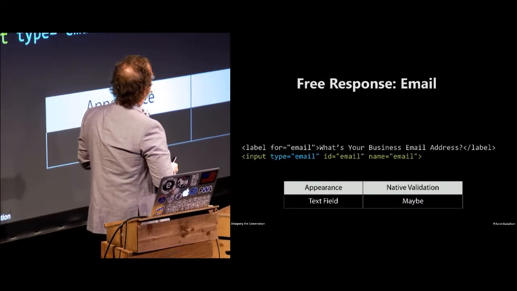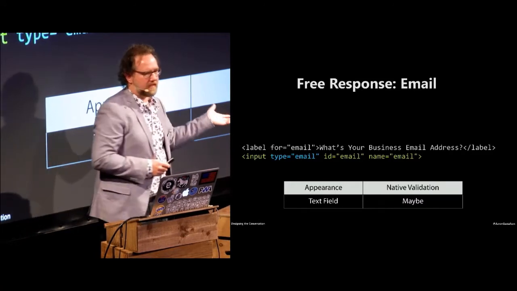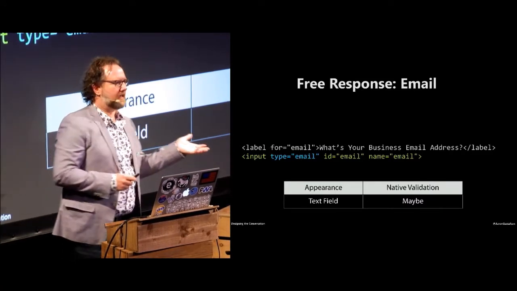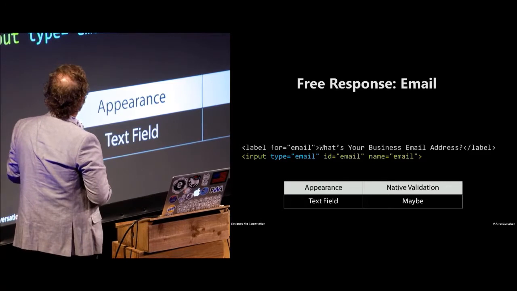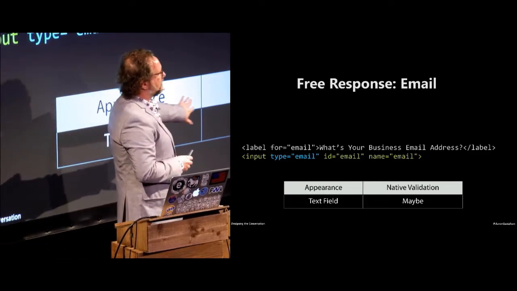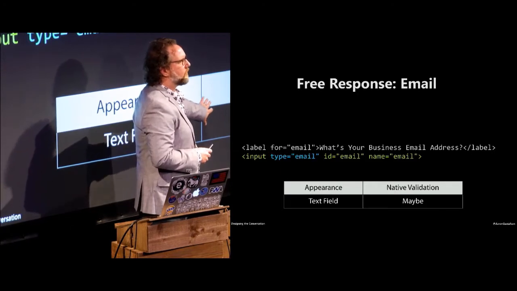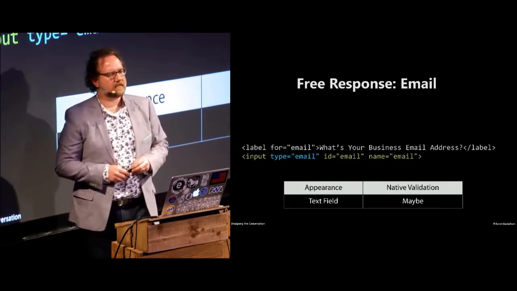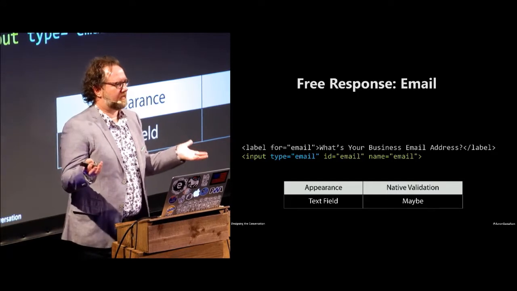If you're looking for an email, Jeremy mentioned this, you can use the email type. Right? This was introduced with HTML5. The appearance is that it looks like a text field. And in terms of the browser, in most cases, you're going to get native validation of that email address. But if you don't, that's OK.